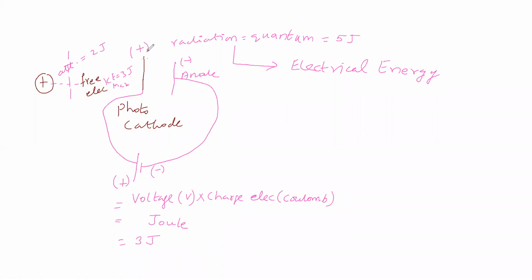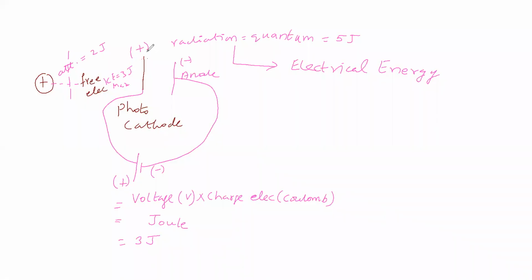If you bring the condition like this, radiation energy is converted into electrical energy or not. That means wantedly we are not making radiation into electrical energy, that you say.